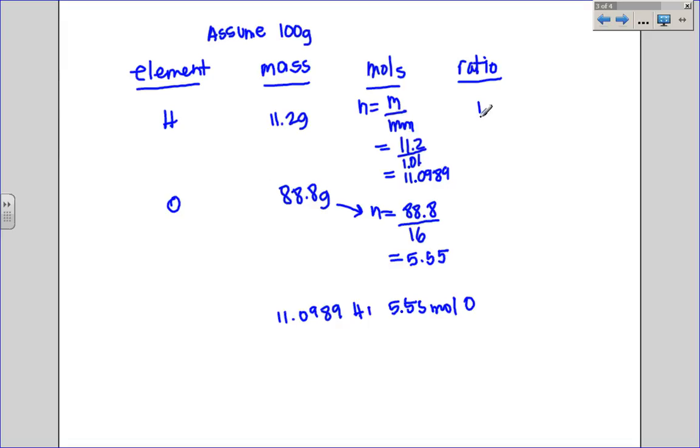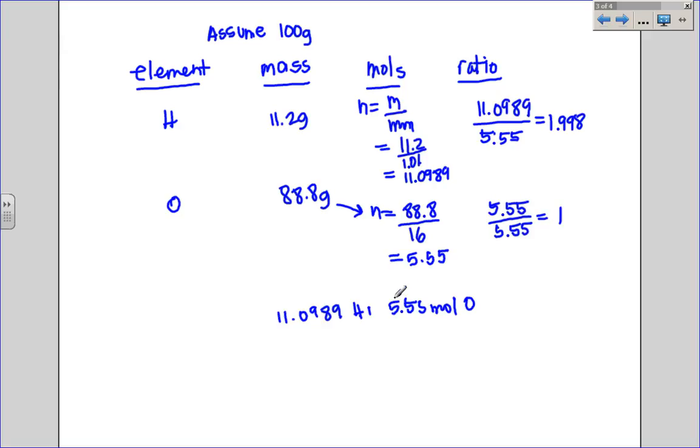So if I take both of these and I divide them by the smallest value here, which is 5.55, I'm left with 1.998 for hydrogen, and then for the oxygen, 5.55 divided by 5.55 is equal to 1.